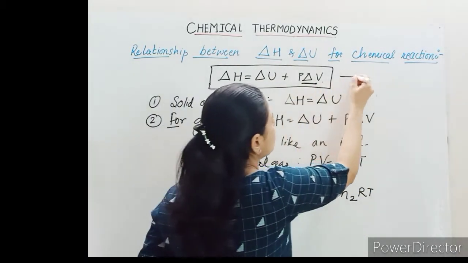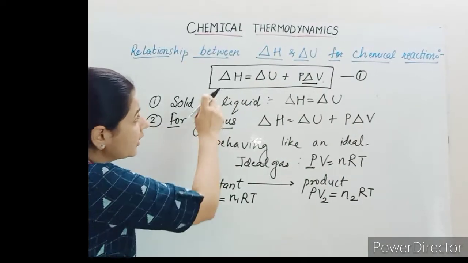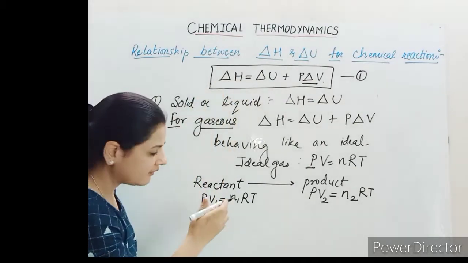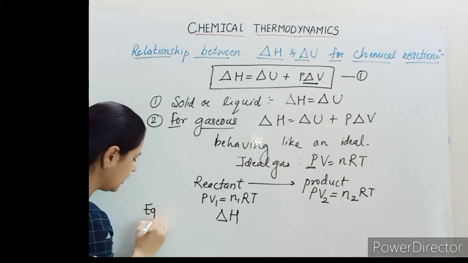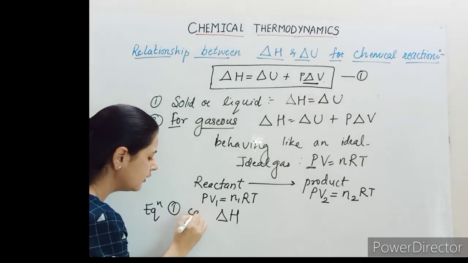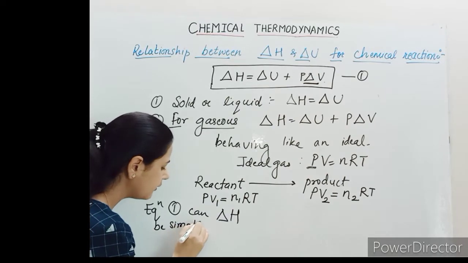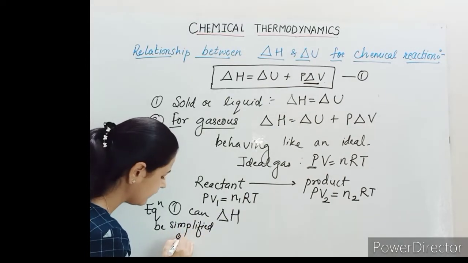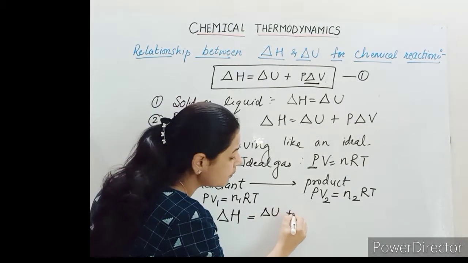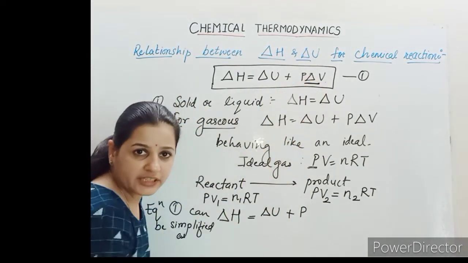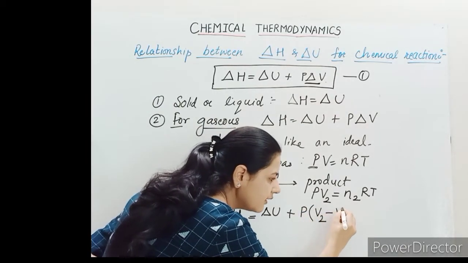Now let us move to this equation number 1. Let us concentrate on equation number 1. If I want to simplify this equation, then I can write equation 1 as: delta H is equals to delta U plus P delta V. Delta V is nothing but the final volume minus the initial volume.